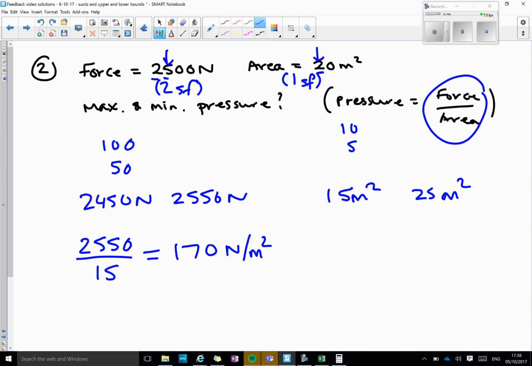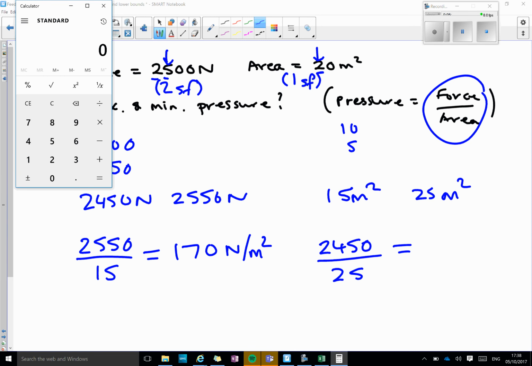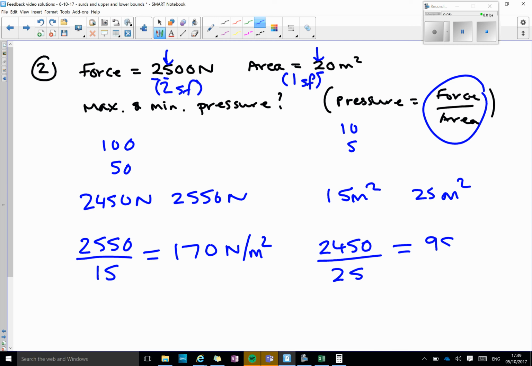And then the lower bound for the pressure will be the smallest possible force divided by the largest possible area. So 2,450 divided by 25 gives me an answer of 98 newtons per meter squared. So I've got my lower bound and my upper bound.